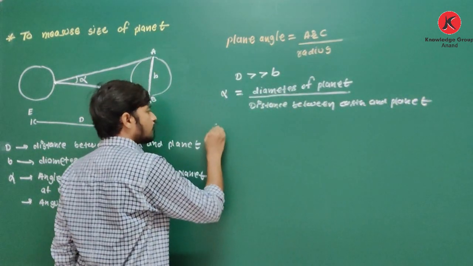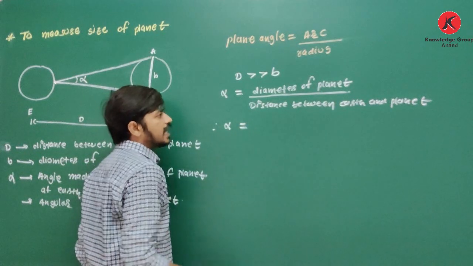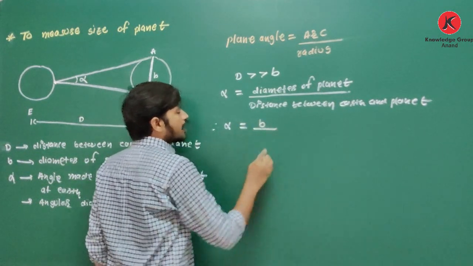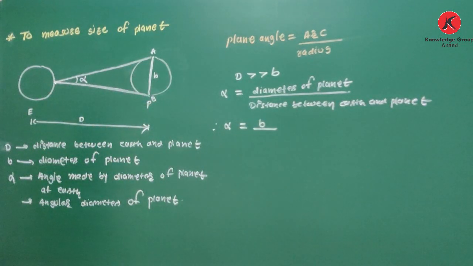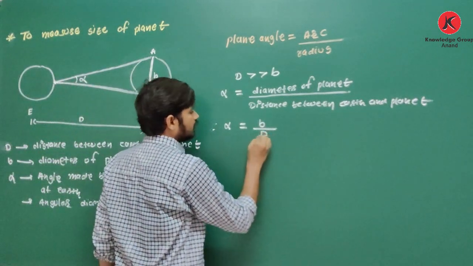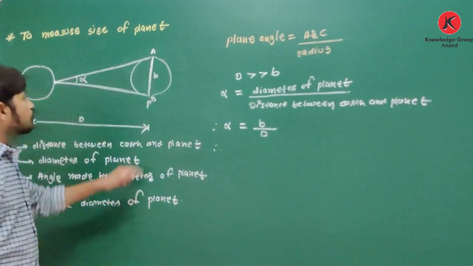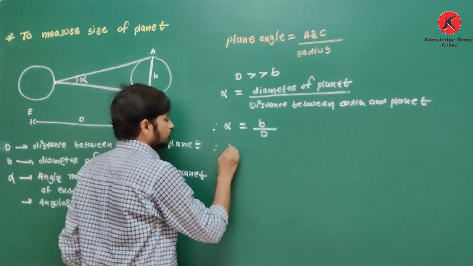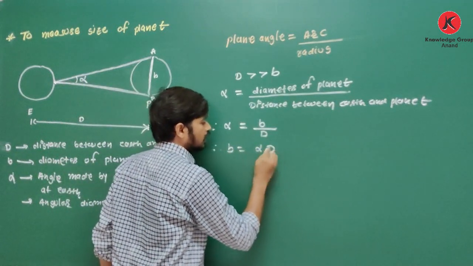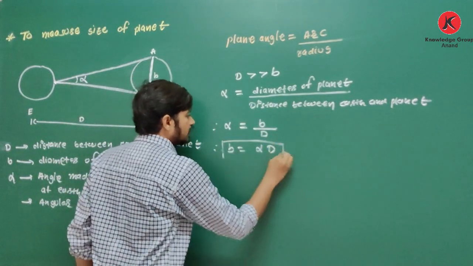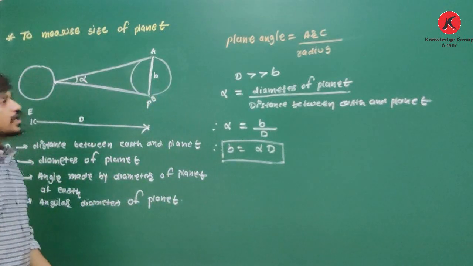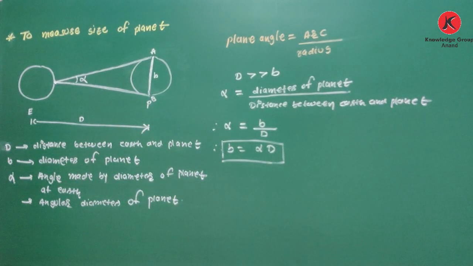So alpha is equal to B divided by D, therefore B is equal to alpha D.